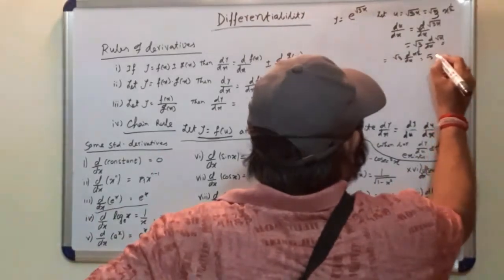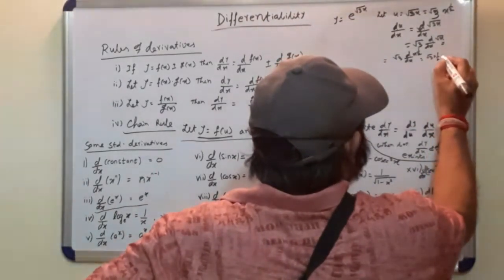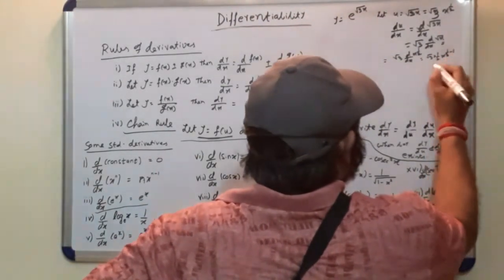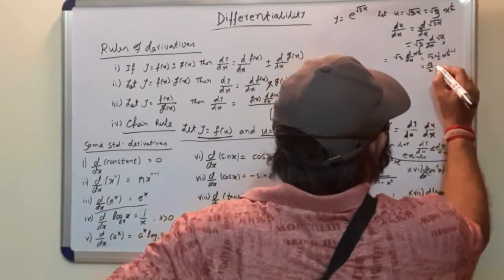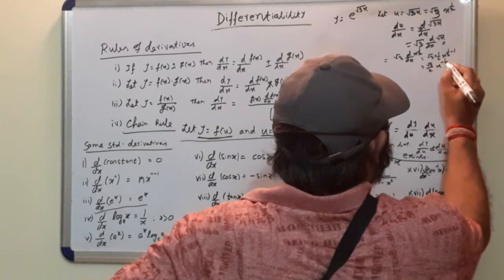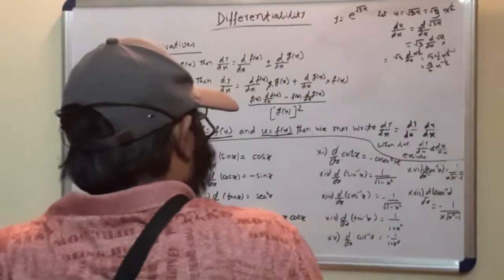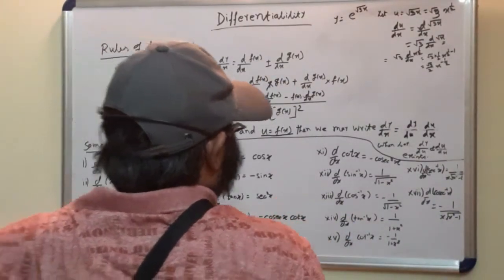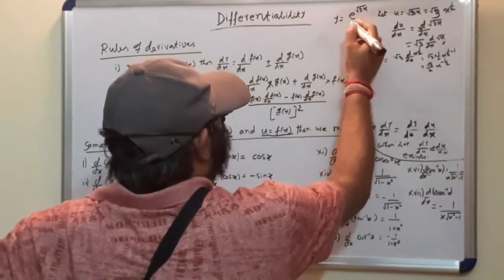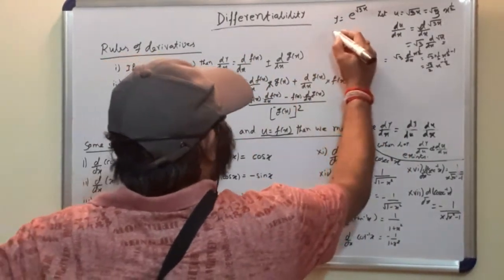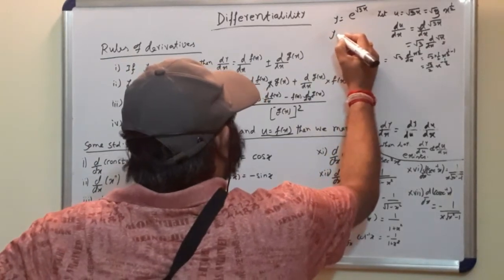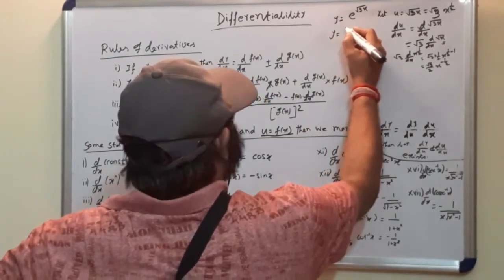Equal to root 3 into half x to the power half minus 1, equal to root 3 by 2 x to the power minus half, or in the denominator root x. We got this.